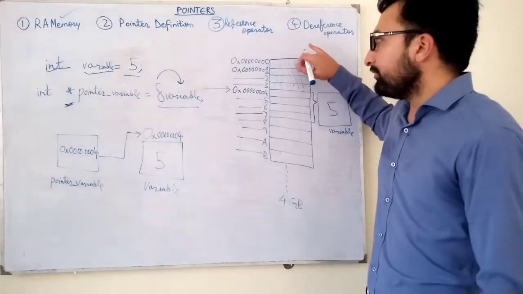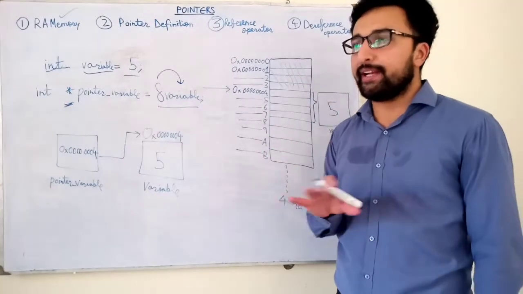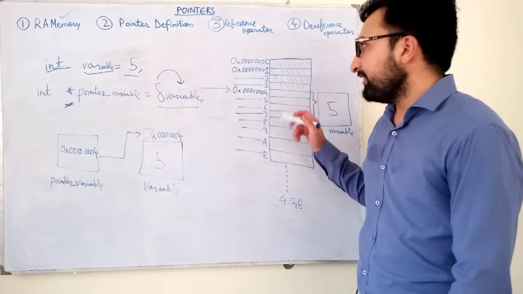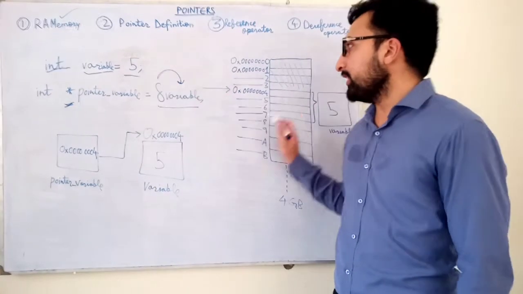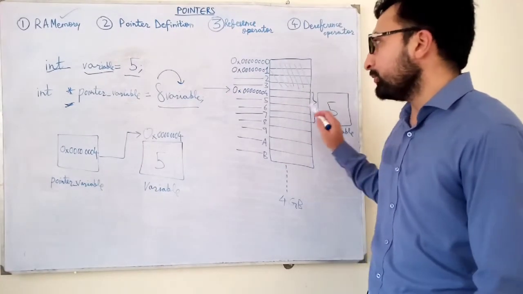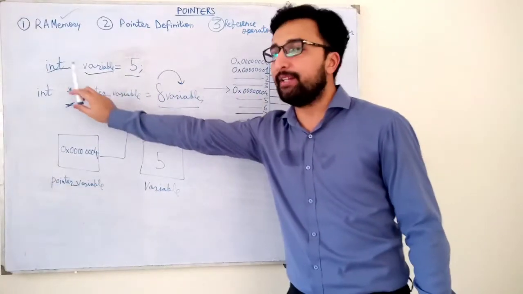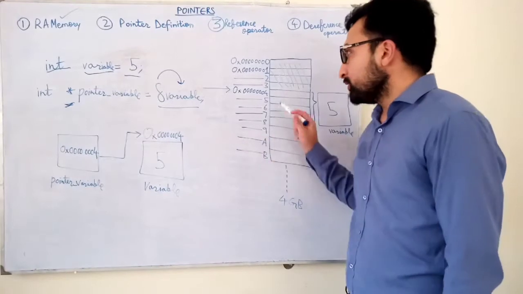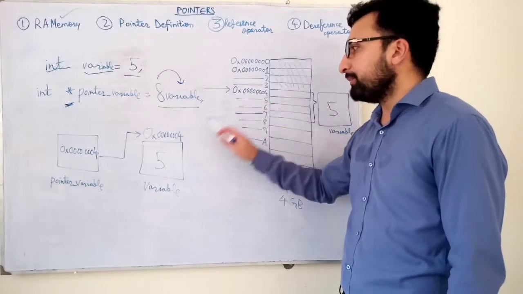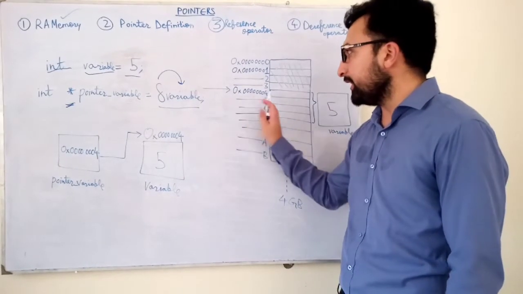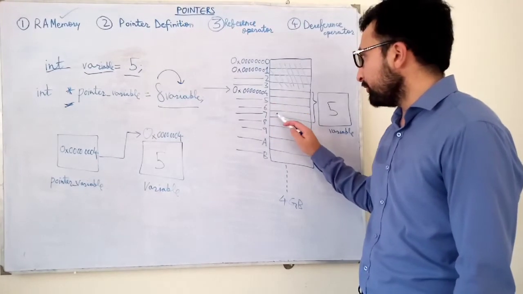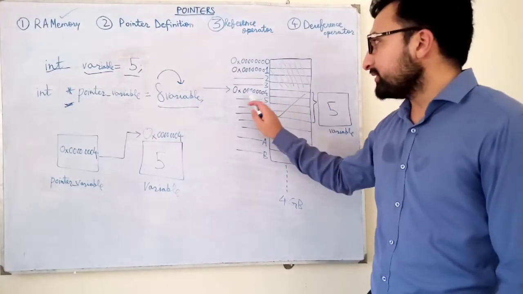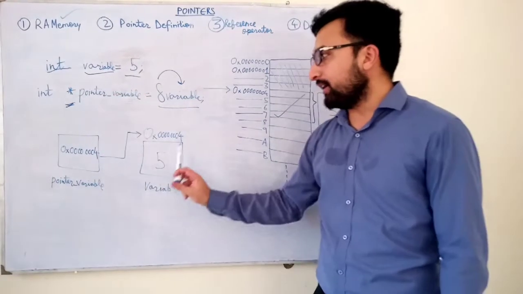For example, the first 4 bytes were filled with the data of some other program. So when we run our program, it will be allocated this particular 4 bytes. 4 bytes because this is of type int. If it was short int, it would have been allocated 2 bytes. So this is the address at which this variable is located, 1, 2, 3, 4 bytes.